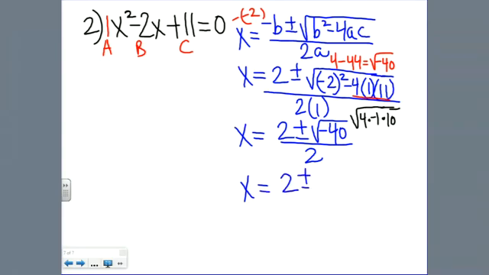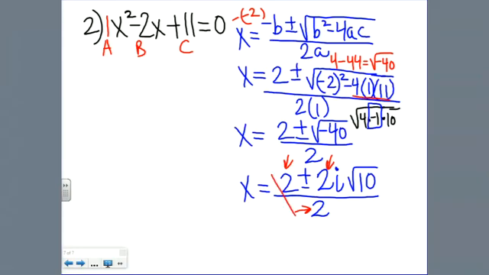Because we know the square root of 4 is 2, and by definition, the square root of negative 1 is the letter i for imaginary, and the 10 stays inside the radical. Now, if you can simplify the fraction, go ahead and do so. Actually, both parts of the numerator can be divided by 2.